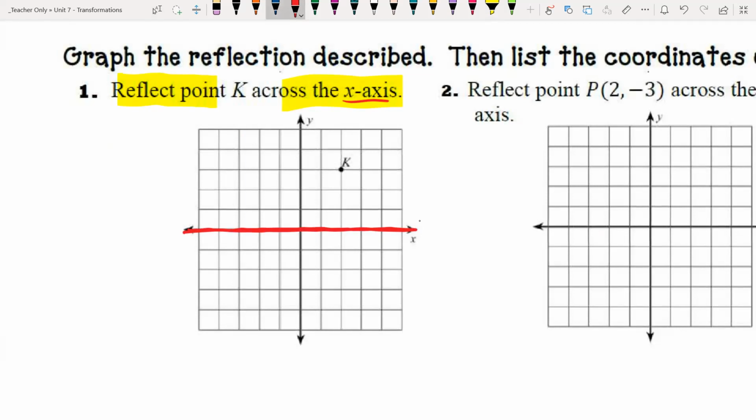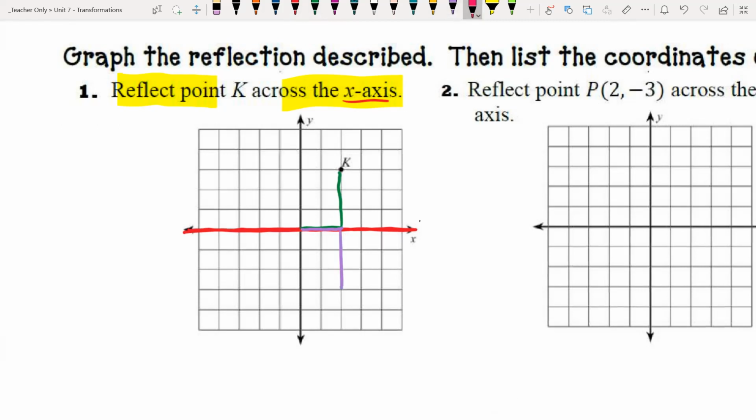So what we look at is this is from my line of symmetry, it's 3 up and 2 from the origin. So we're going to do the same thing here. I'm going to go 2 to the right from the origin, but instead of 3 up, I'm going to do the opposite of going up. I'm going to go 3 down.